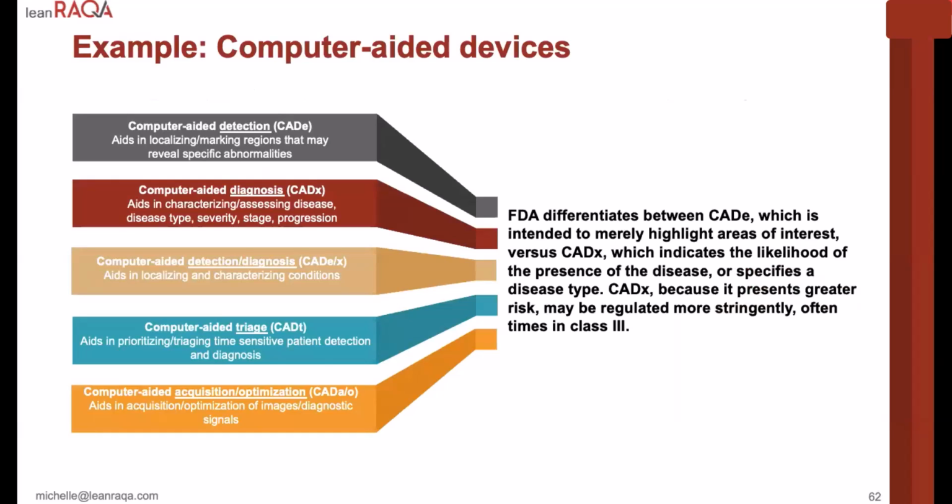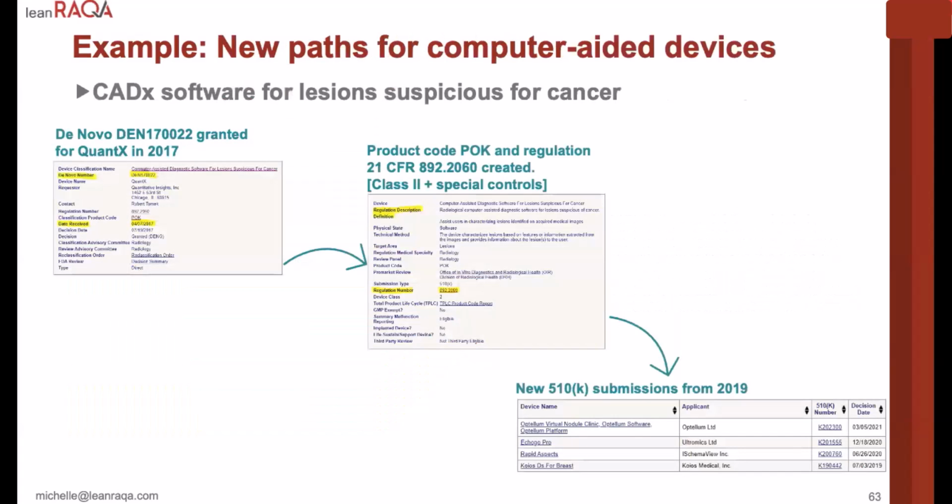So a computer-aided device is a good example. You've got several different types of computer-aided devices. You've got those for detection, diagnosis, those that detect and diagnose, triage, and acquisition and optimization. So CADx software for lesions for a specific cancer.